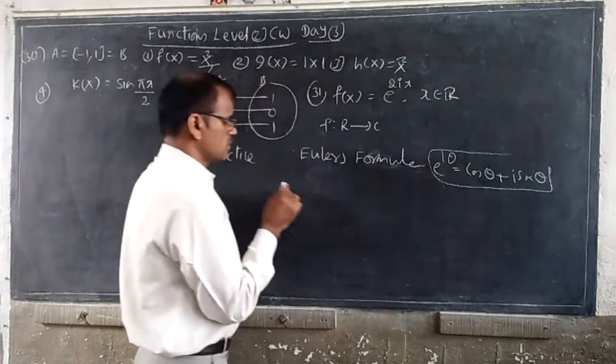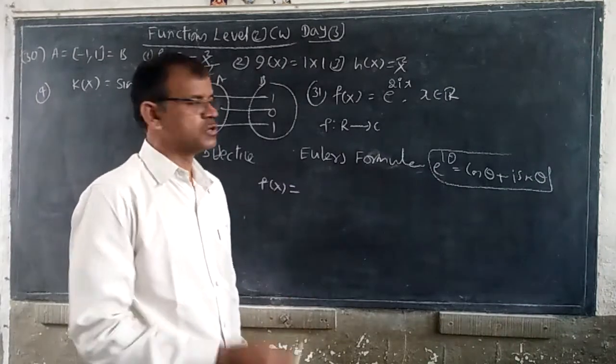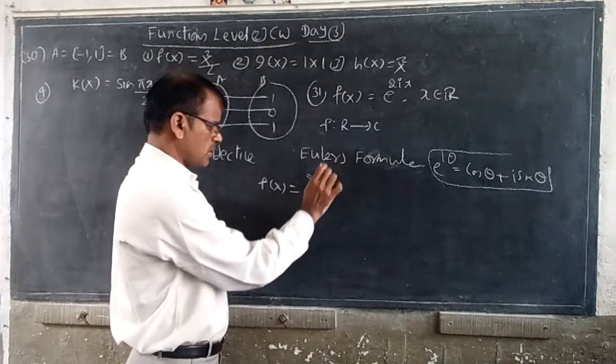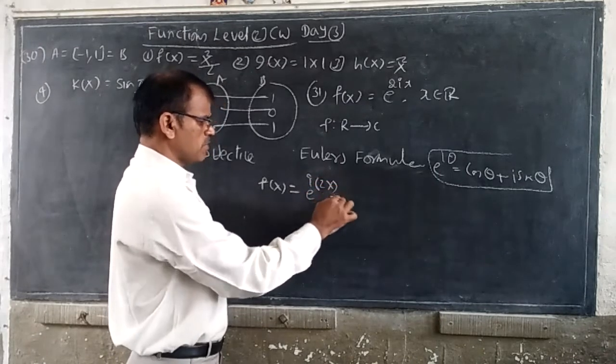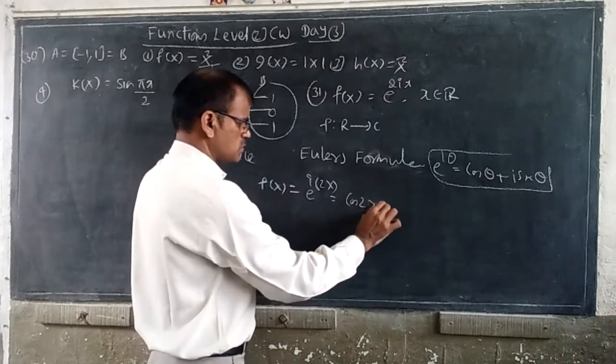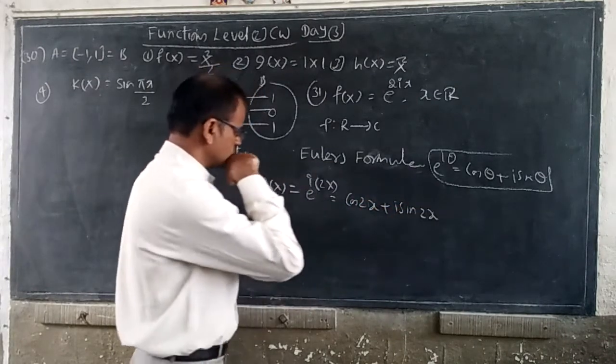So f of x is equal to e power i into 2x, which you can write as cos 2x plus i sin 2x.